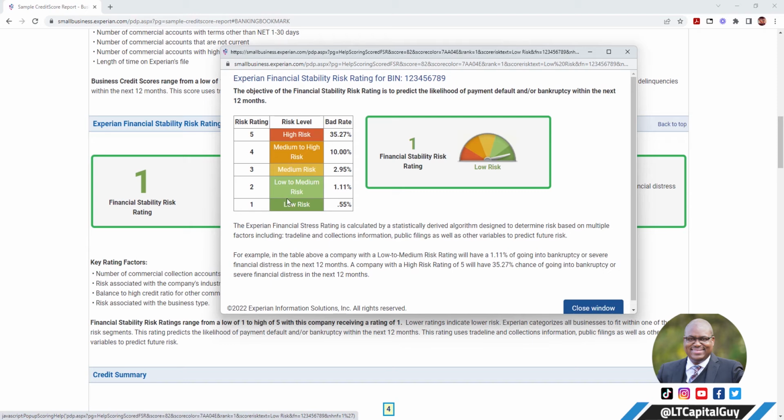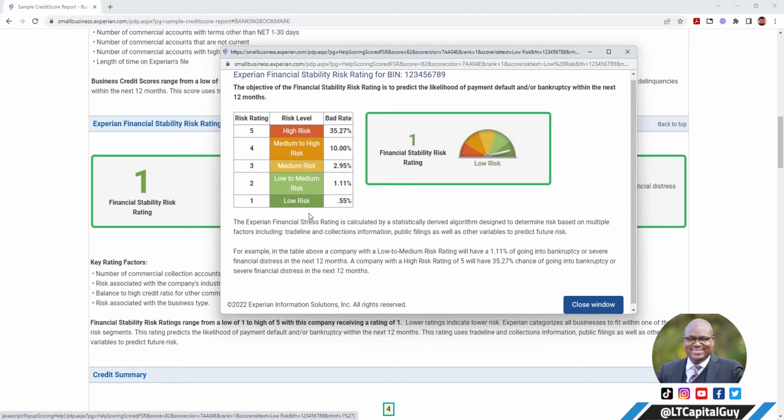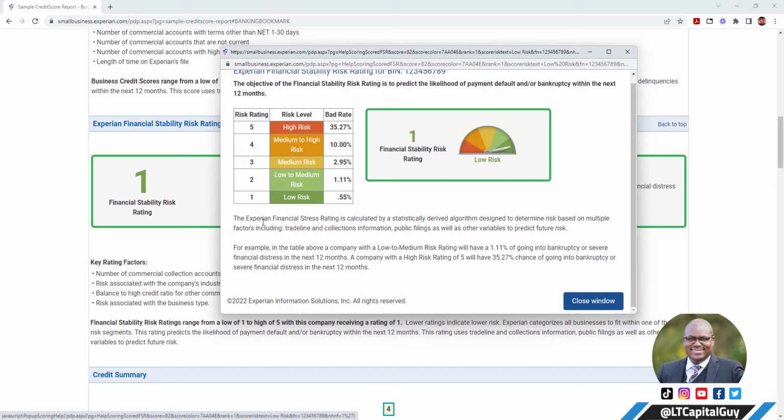Obviously, we want to be as low as possible on that because we want companies to look at us as a good business to extend credit to, because we are paying our bills and doing what we need to do in order to maintain our credit.